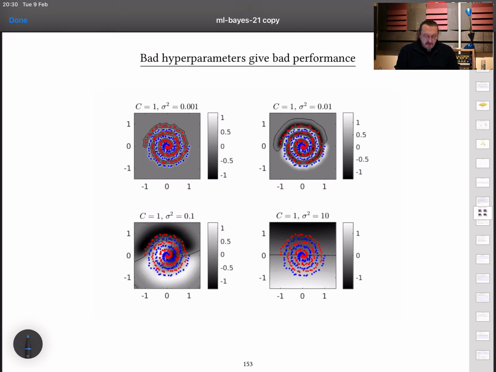The way to interpret the outcomes of training with these different sets of hyperparameters is that the output of the SVM classifier is strongly positive for white shade on the diagram and strongly negative for black shade on the diagram, and the intervening levels of grey tell you what's happening between the two extremes.